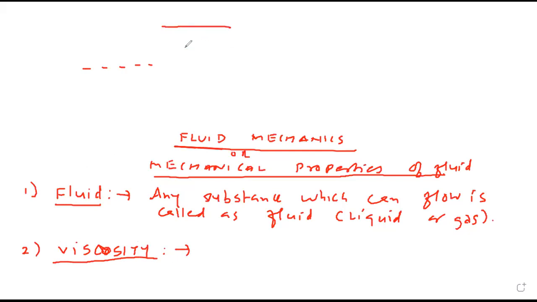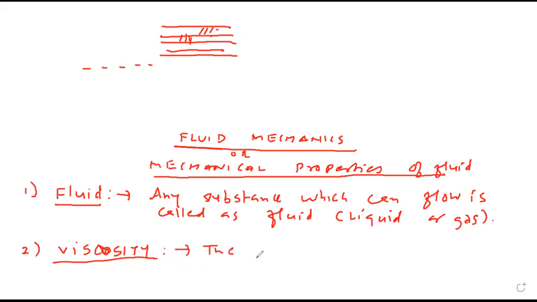That means if I consider liquid to be made up of different layers, these layers might be opposing the relative motion between them. So the property by virtue of which relative motion between adjacent layers of liquid is opposed is called viscosity, and the force of opposition is called viscous force. Indirectly it is like friction in solids.